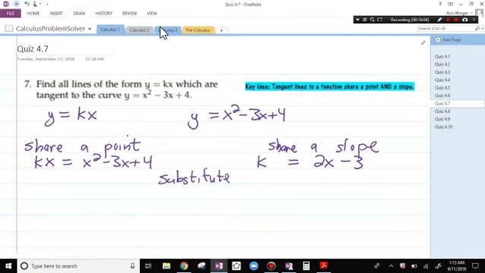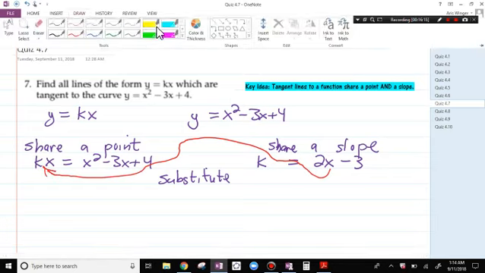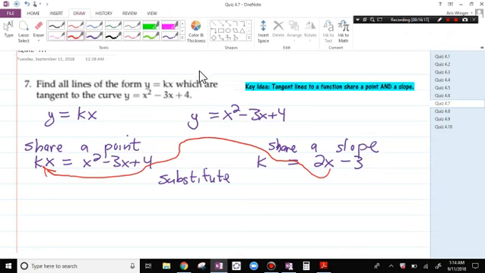We're going to take this k and substitute it in for k here. That will give us an equation involving only x, and then we'll have what x is, and then we can do what we need to do.